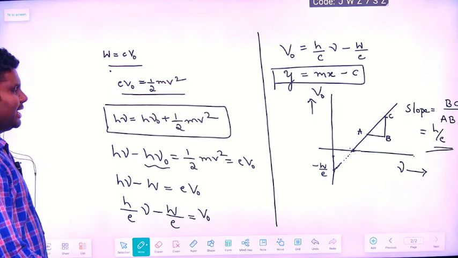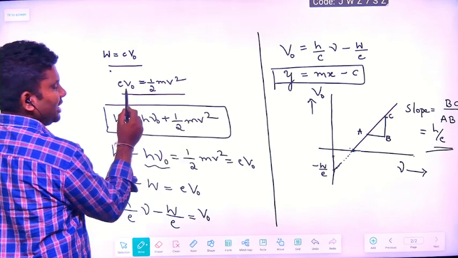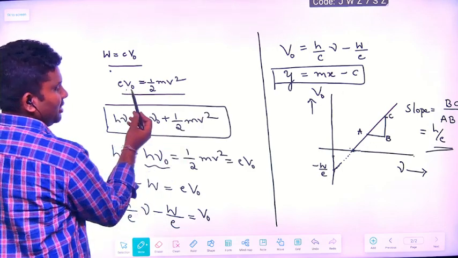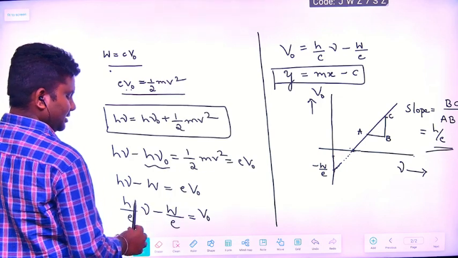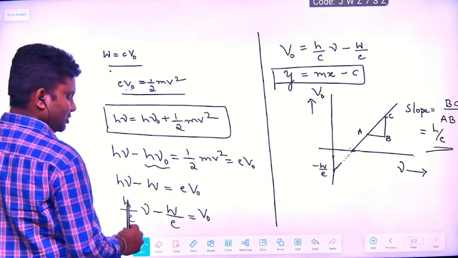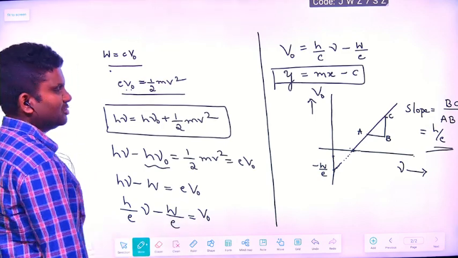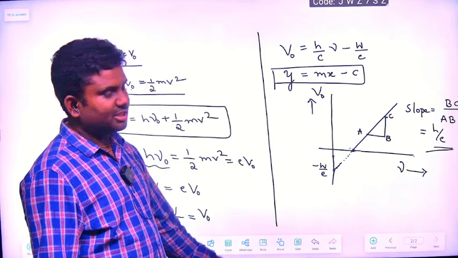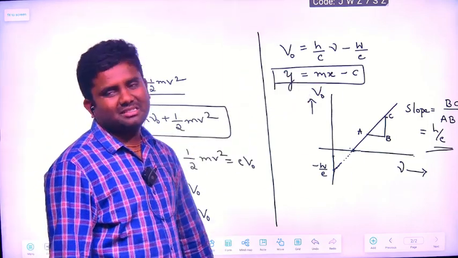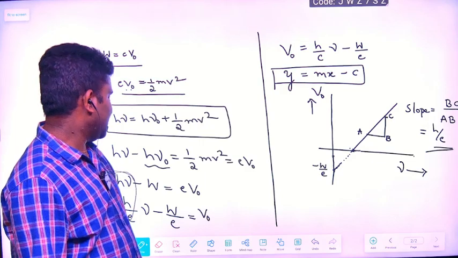Here what I did is, instead of half mv square, I took eV naught. So eV naught is equal to half mv square, and eV naught is h mu minus W. So h by e mu minus W by e is equal to V naught, that is stopping potential. I am using the straight line equation, looking like y is equal to mx minus c only, no?